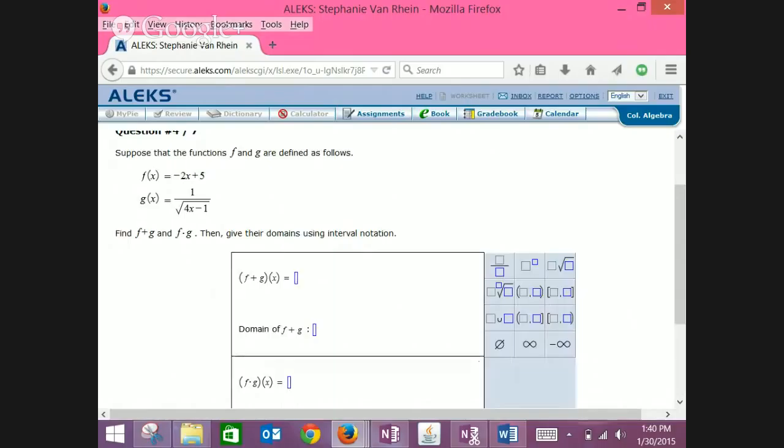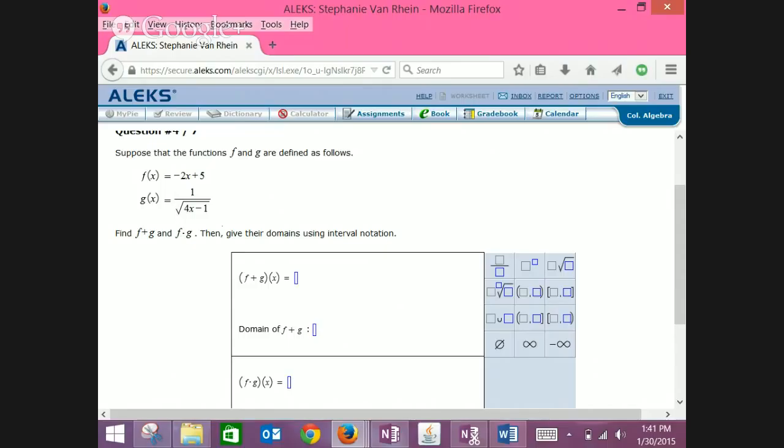So here we have f of x plus g of x. So you're going to add those two functions together. It's going to work in a function of x. So you have this function plus this function.